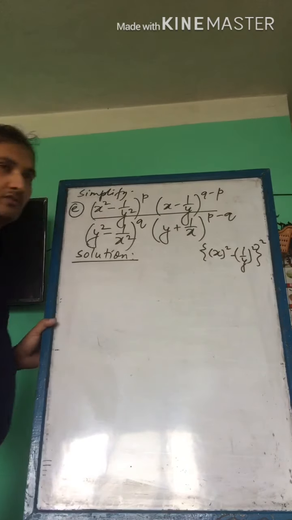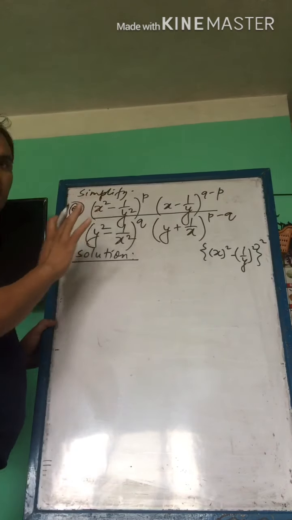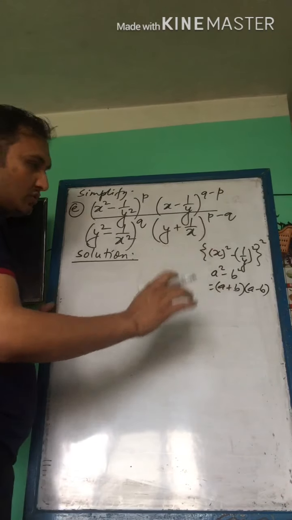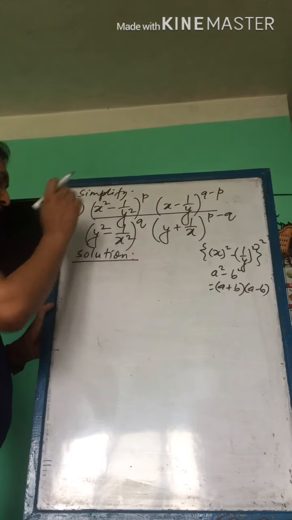So it is in the form of a square minus b square, which means it can be written as a plus b in one bracket, a minus b in another bracket. That is the factor formula for a square minus b square. This you know. The same formula you have to apply here.